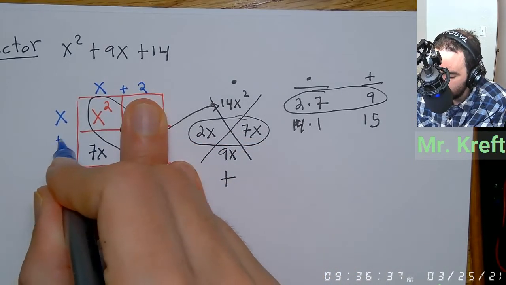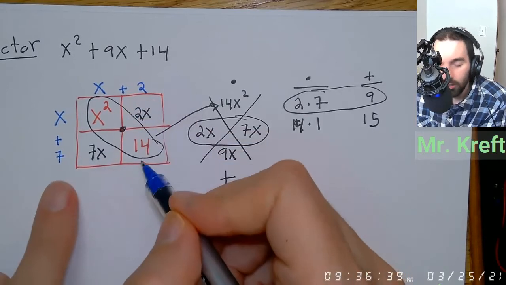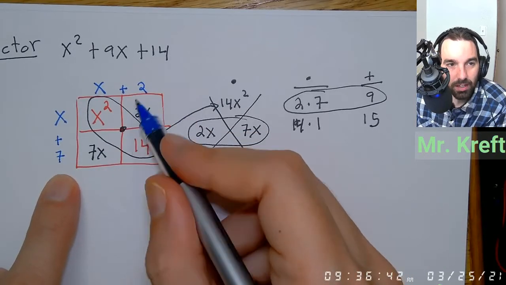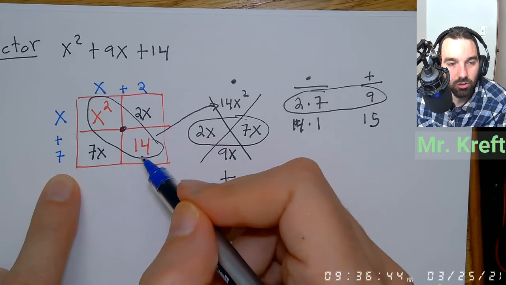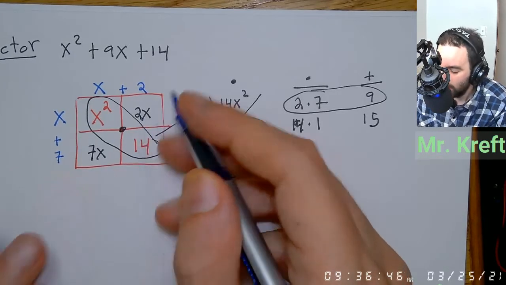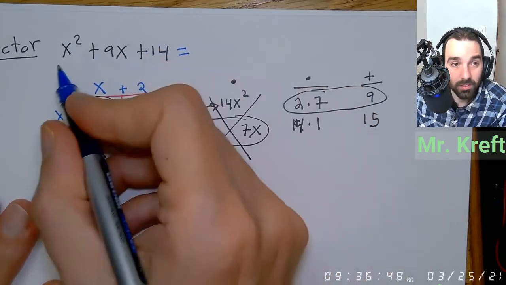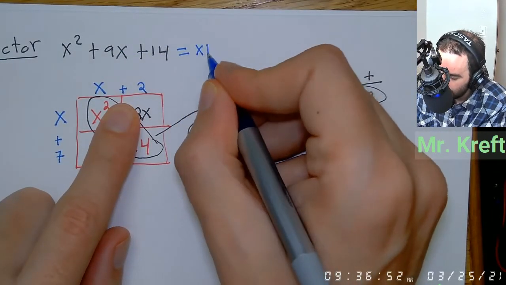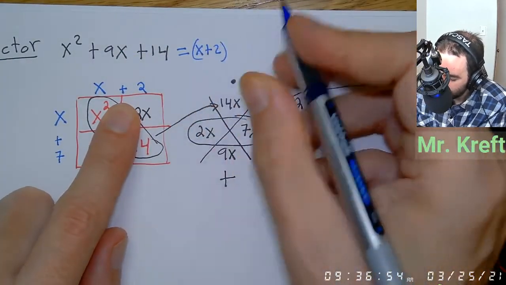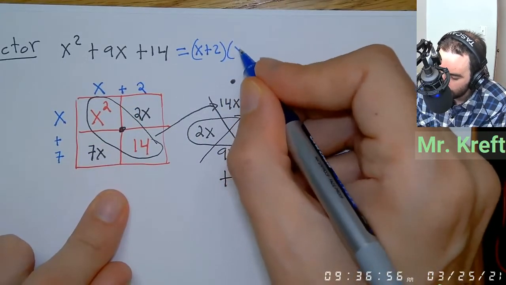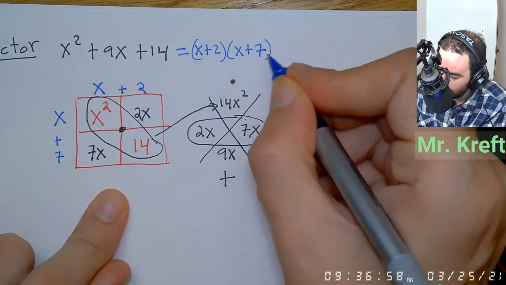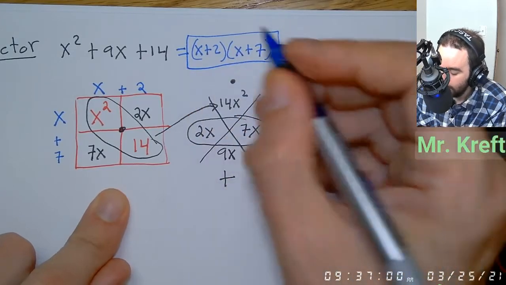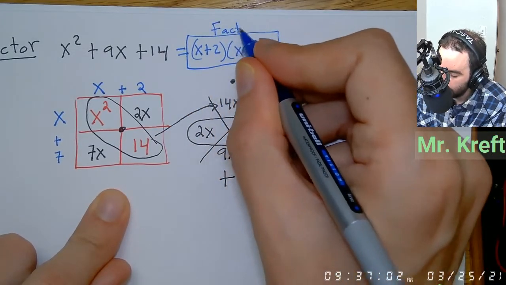Well, that's positive 7. And then always double check to make sure you got it correct, because 2 times 7 should equal 14. So what does this equal? It equals x plus 2 times x plus 7. This is factored form.